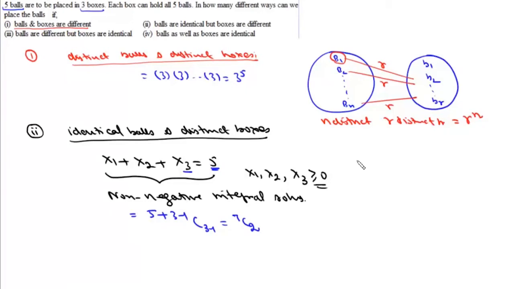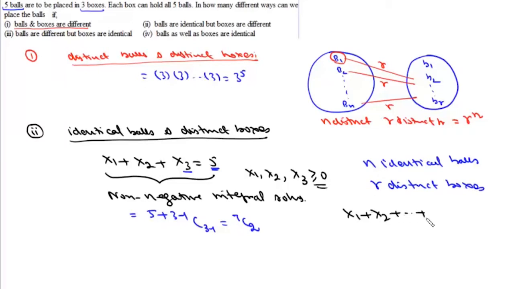which is 7C2. Now we'll take the general case when we have n identical balls and R distinct boxes. Then we can write this condition as the linear equation x1 plus x2 plus up to xr must be equal to n, where each xi is greater than or equal to 0.